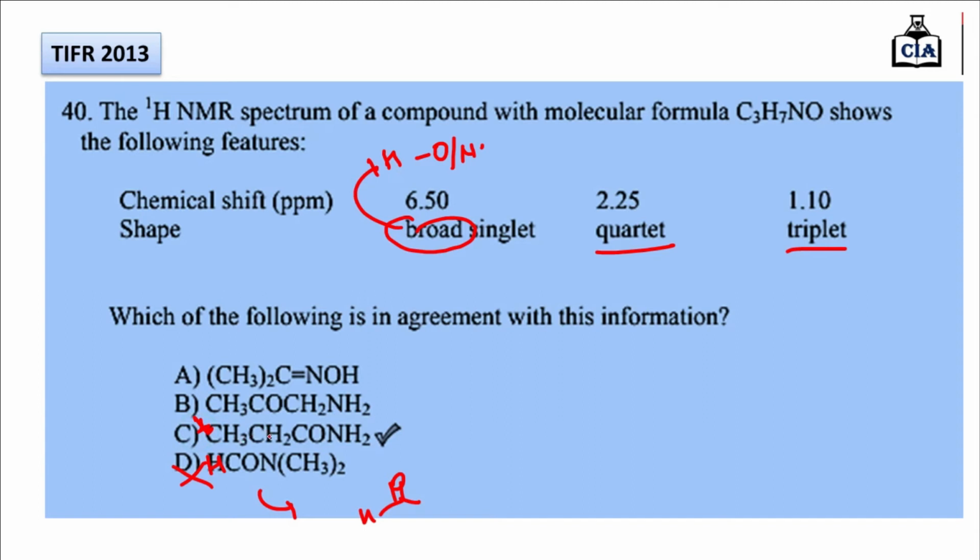Okay, so this CH2 will be split as a quartet. Okay, and this NH2 proton will give a singlet. So only this option will have the 2H singlet, then 2H quartet and 3H triplet. Okay, so our option number C is the correct answer.